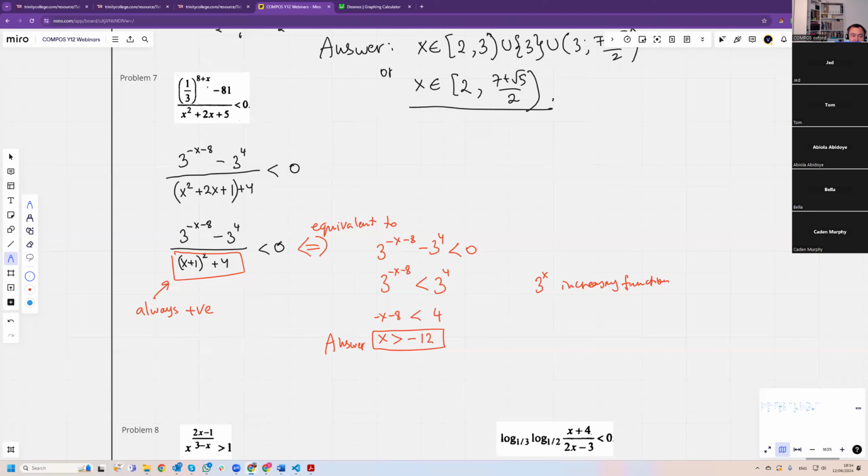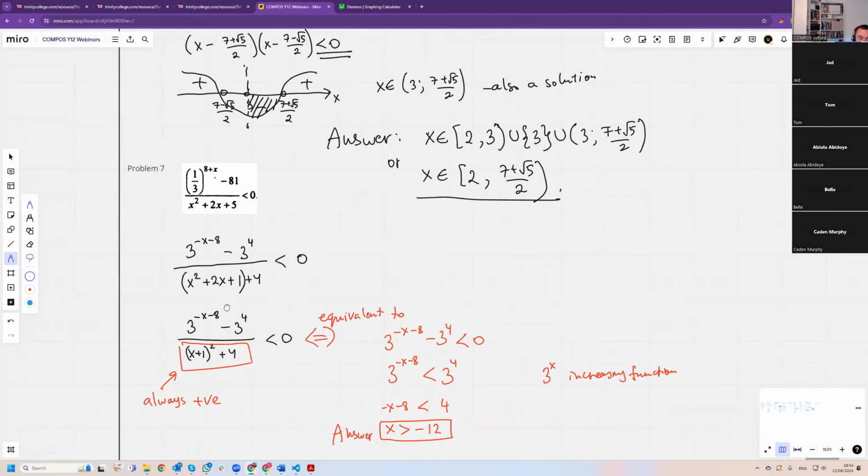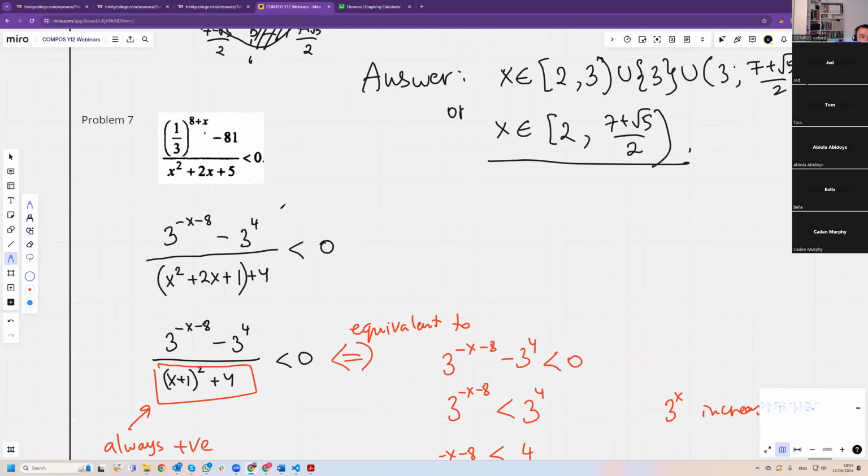So what I'm doing here, with this bottom thing, you don't have to complete the square. You just need to acknowledge that this expression is always positive. So it's as if you're dividing by a positive number. And the question is, when is this thing negative? Well, this thing is negative only when 3 to the power minus 8 minus x minus 81 is negative.